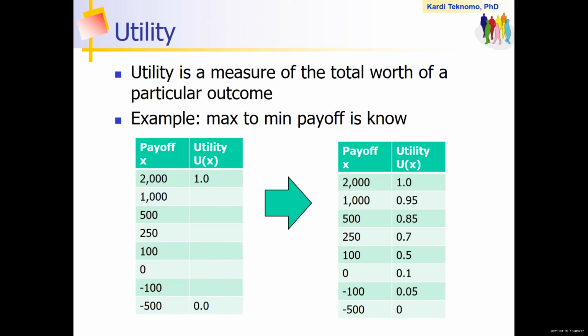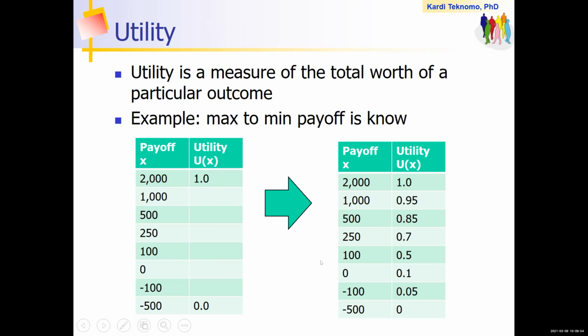Utility is defined as a measure of total worth of a particular outcome. Here is an example of how you create utility. What is the maximum and the minimum payoff? For example, the maximum payoff is 2,000, the minimum is negative 500. For the maximum payoff of 2,000, you put utility 1.